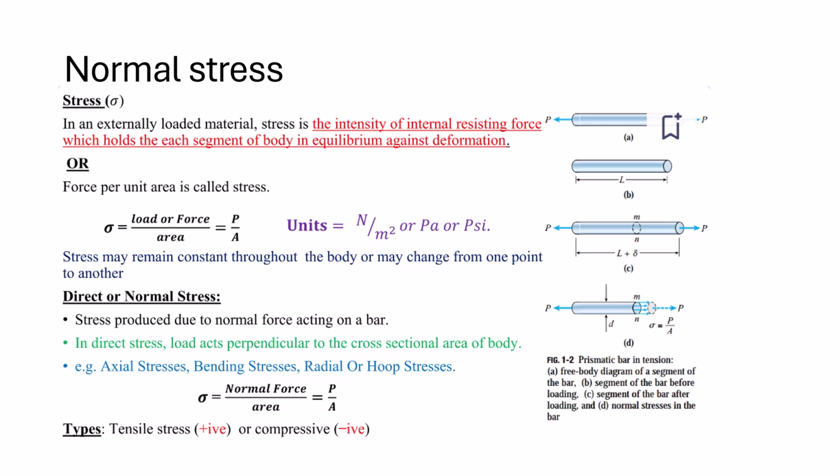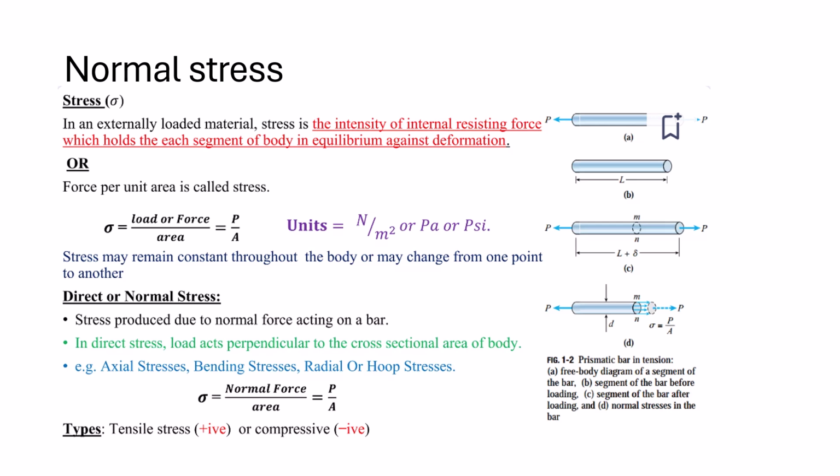So sigma is equal to load or force P over area. So units will be Newton over meter square or Pascal, PSI, KSI, megapascals, etc. Stress may remain constant throughout the body or may change from one point to another.